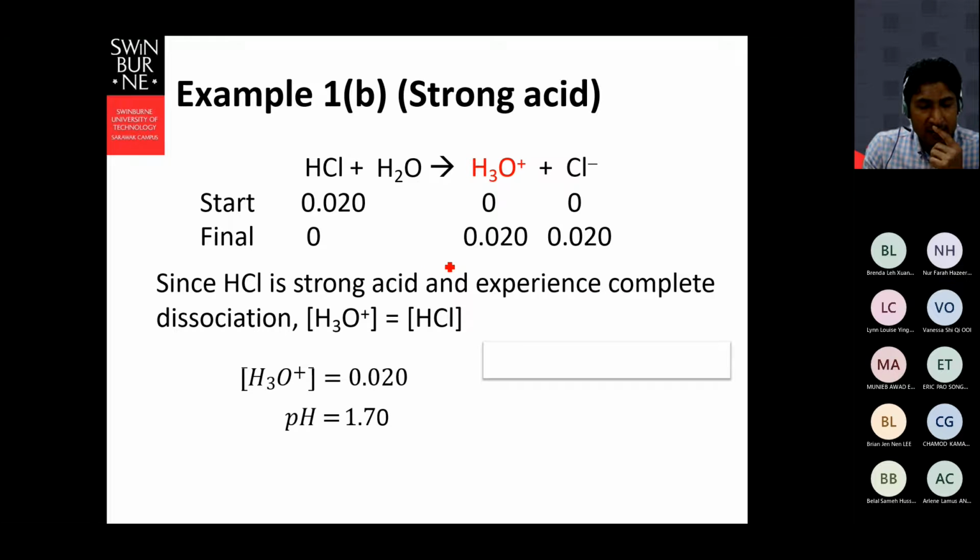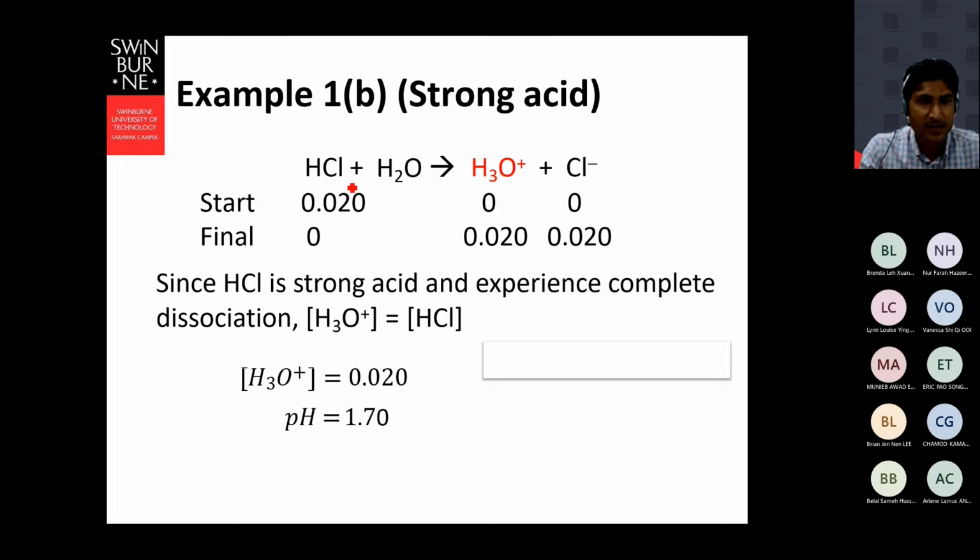Now it is a strong acid, and the acid is 0.02 molar. I think we remember that to find the K value or equilibrium constant, we need to know the equilibrium concentration, right? But this acid is a strong acid, so what will happen is it will dissociate fully.